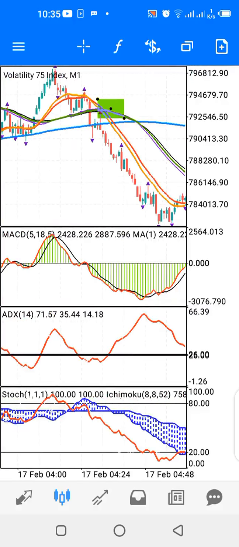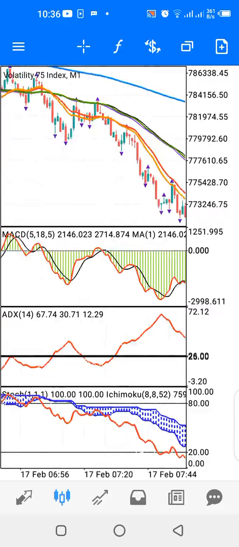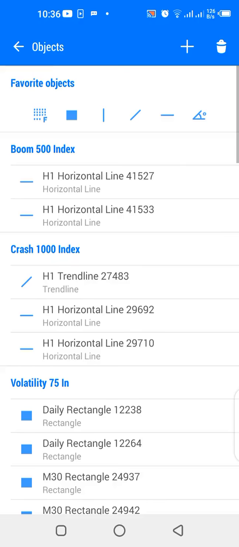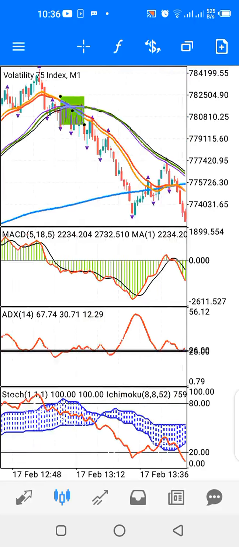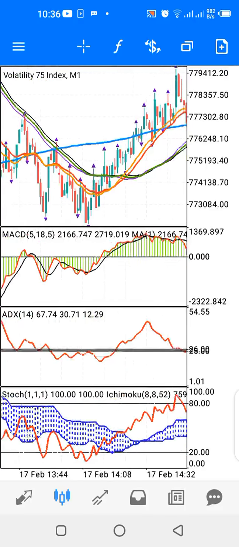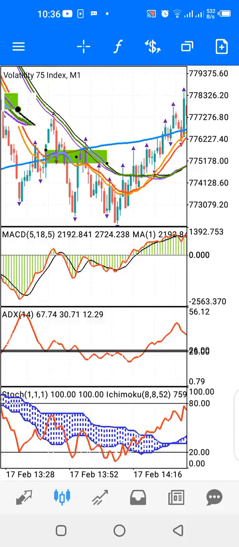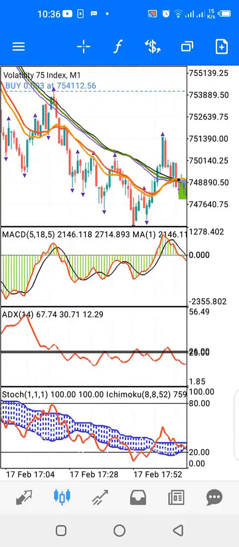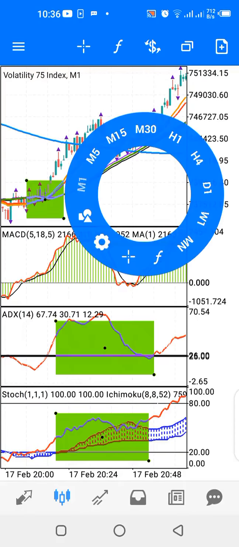When all lines cross below, like you have around here, it's a change to bearish trend. Like this is a change to bullish trend. This is a change to bearish. And this is a change to bullish.